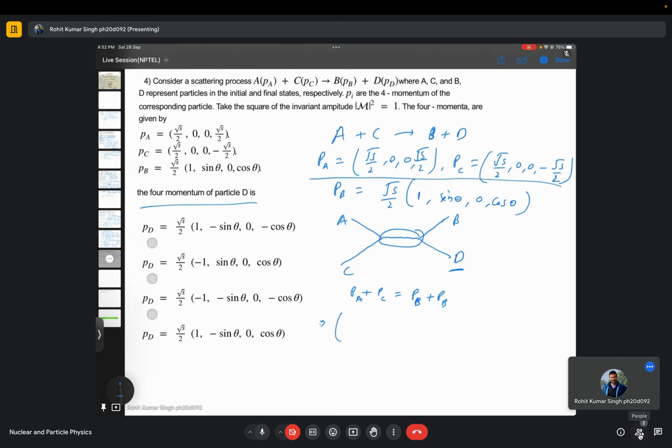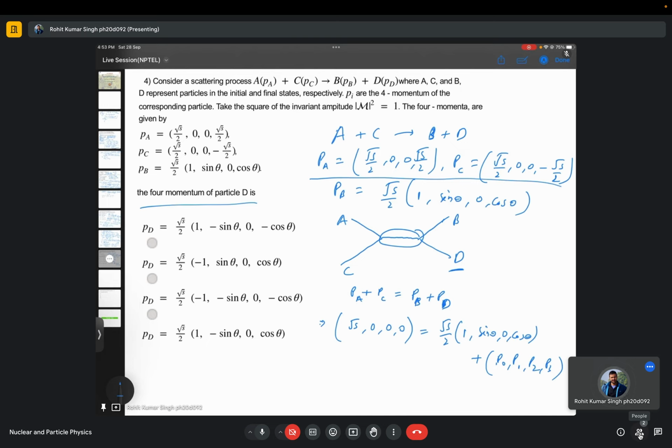You will get this, 0, 0, 0, and for PB you have sine theta, 0 and cos theta, and then you have P0, P1, P2, P3.